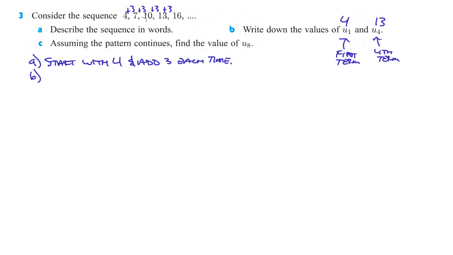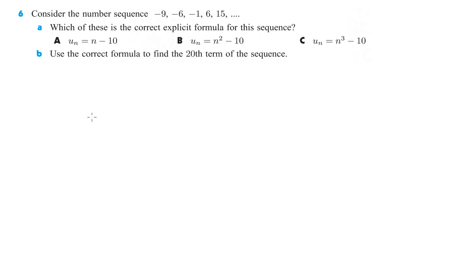So the eighth term, 1, 2, 3, 4, 5, plus 3 is 19. That's 6, 7, 8. Plus 3 is 22, plus 3 is 25. C says, oh yeah, sorry, we did that. So for B, we had 4 and 13. C was 25.